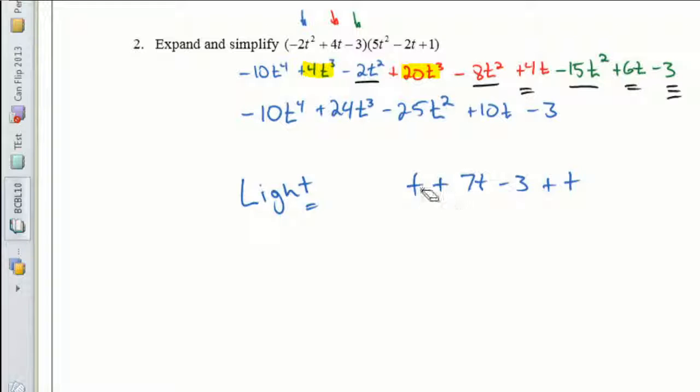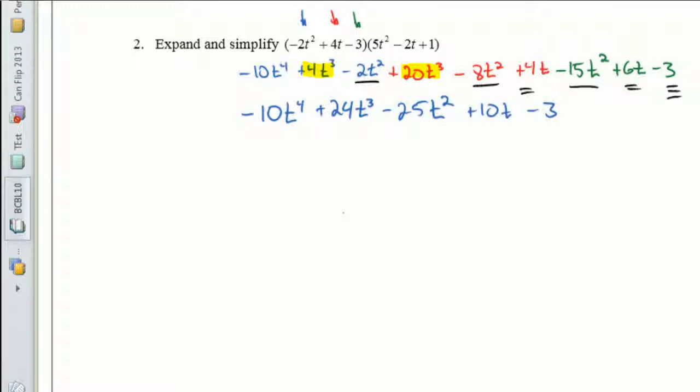So it's just kind of a habit to write my T's like this, T plus 7T plus 3 plus T. You can tell the difference between my T's and my pluses that way. Just by doing a lot of math, it's the way you'll see T's written a lot, because you don't want to confuse them with plus signs.